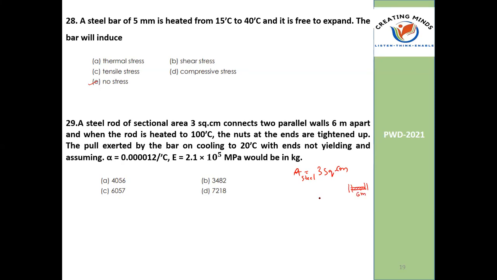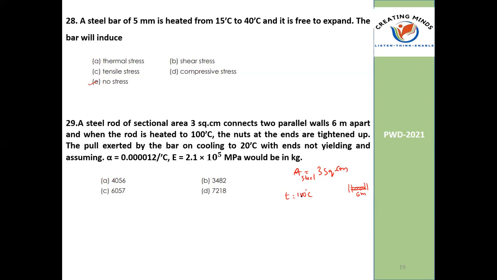The rod is heated to a temperature of T equals 100 degree centigrade. The nuts at the ends are tightened up, and then we find the pull exerted by the bar on cooling.